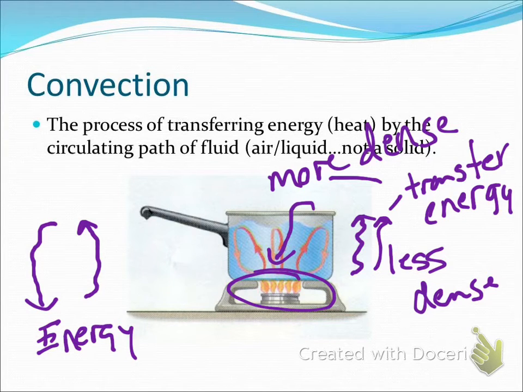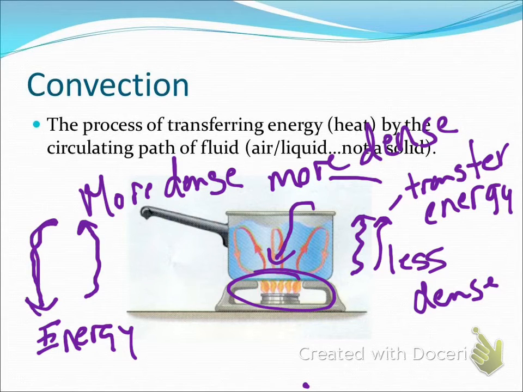And then it transfers that energy up. Once it transfers that energy up, it becomes more dense. And then it falls. Those molecules then will go back down and then gain the energy. So you really do get this cycling action. It's rotating around. It's a convectional current.